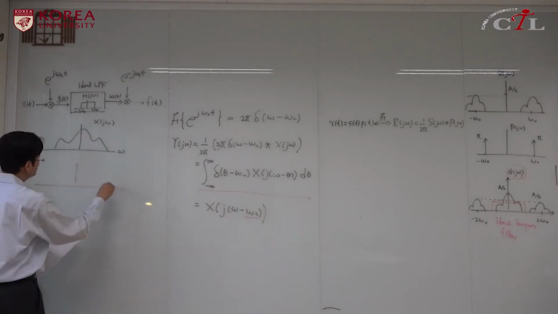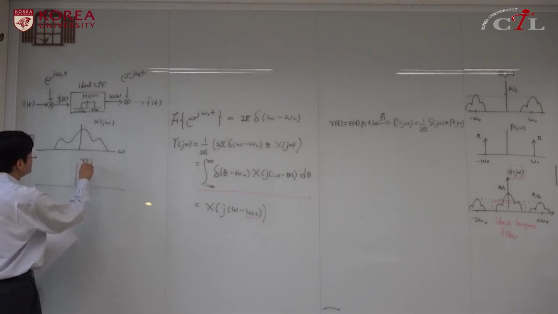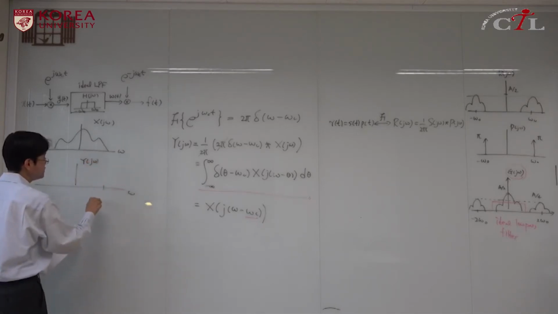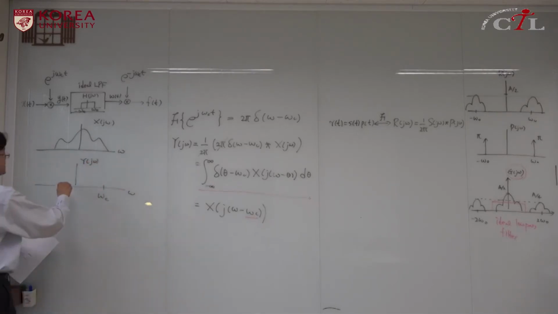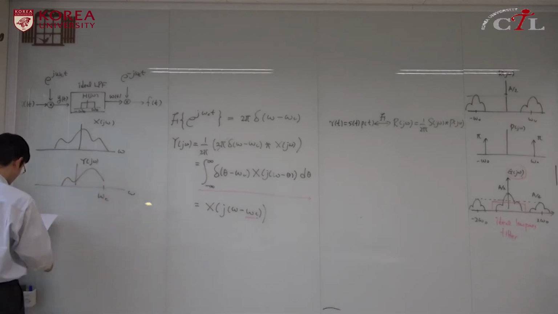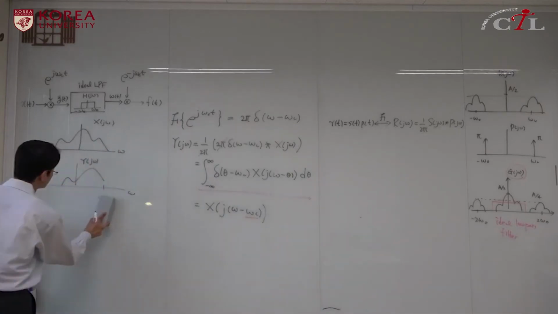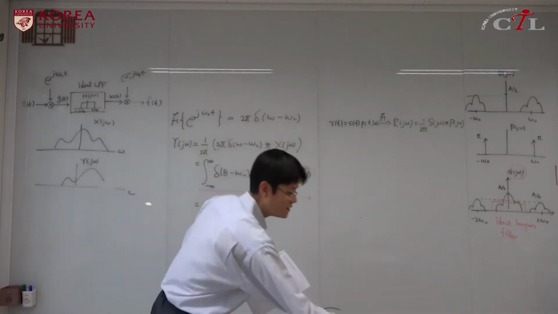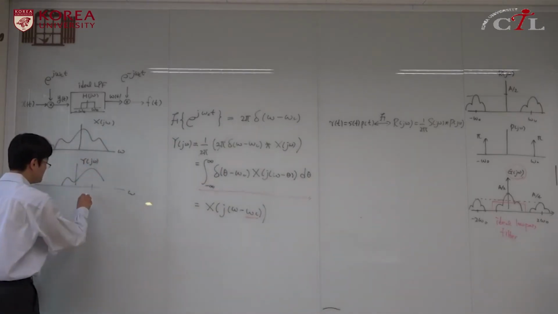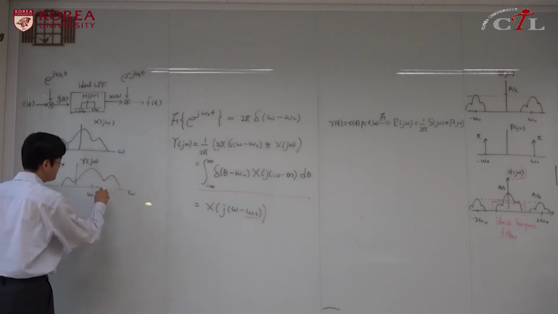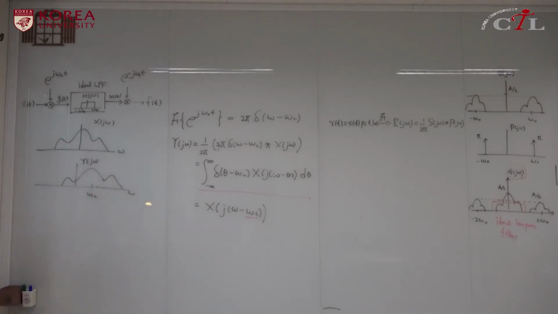So if I draw Y(jω), it's shifted by ωc. Oops, too much shift. Let's say ωc is here. Okay, shifted by ωc.